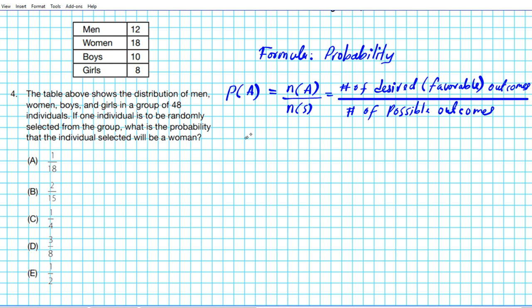Alright, so A basically represents the event that the individual selected is a woman. Okay, so that helps us to see that the number of desired outcomes represents the number of women, which is n of A is equal to 18, which is the number of women.